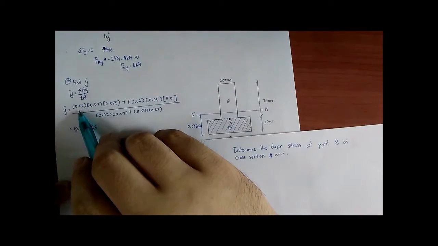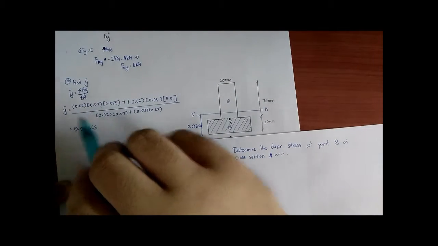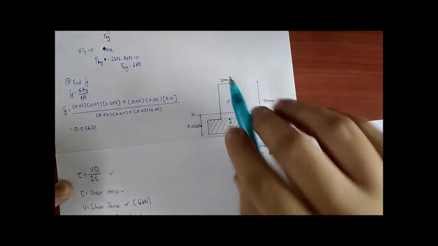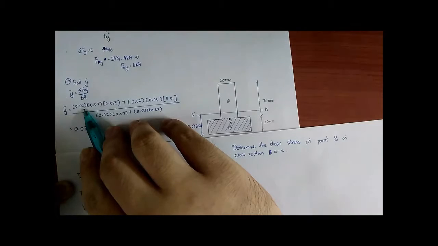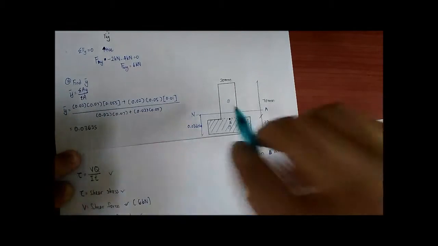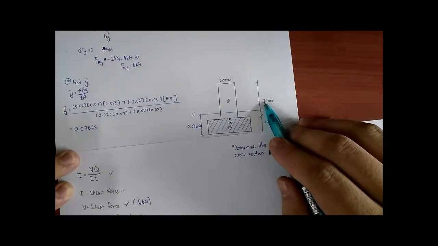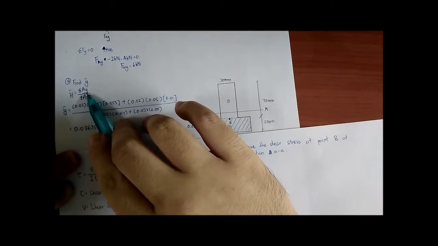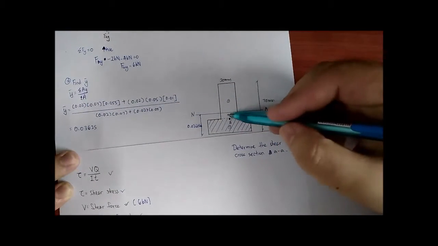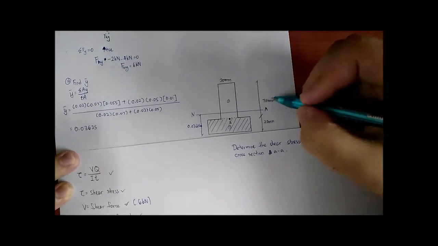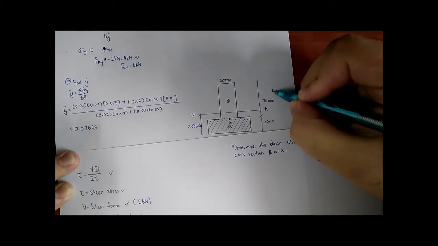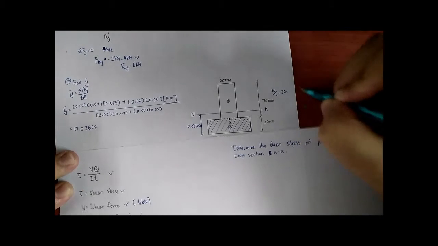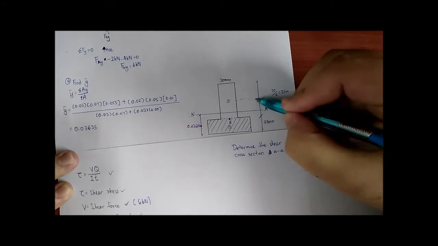0.02, which I already converted to meter, is also equal to 20 millimeter. Multiply by 0.07, which is 70 millimeter. Multiply by the centroid of this area. The centroid of this area is 70 divided by 2, which is equal to 35 millimeter. So the centroid is at here.